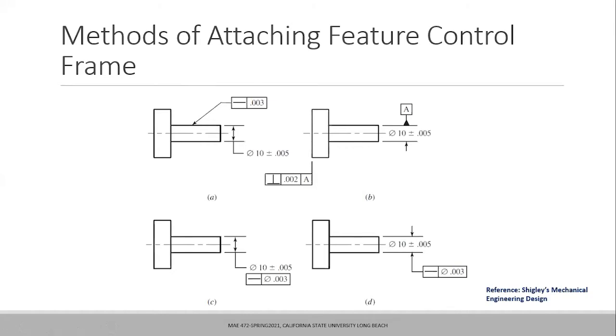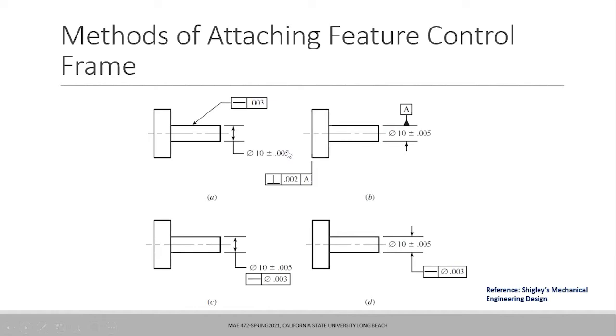This rectangular block does not say anything about the size. The size of the cylindrical pin has to be between 9.995 and 10.005, as provided by this dimension.